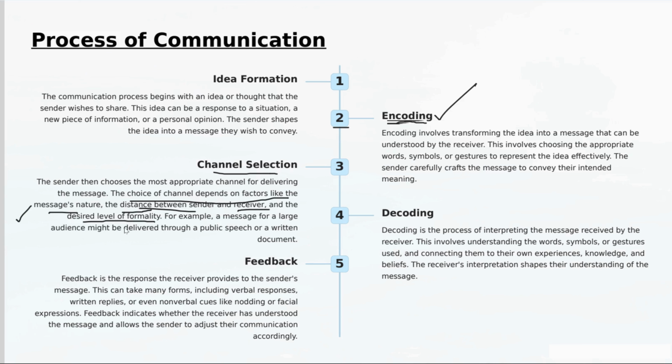And then we have the desired level of formality, because see, even now we follow a certain hierarchy. You can't message your boss, "Hey boss, I won't be available today. Hey, let me know." That doesn't work like that, because even now we are very much hell-bent on following the hierarchical system, and we will obviously consider emailing our boss.